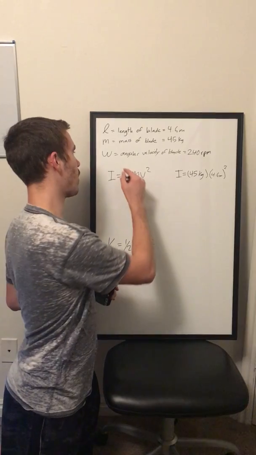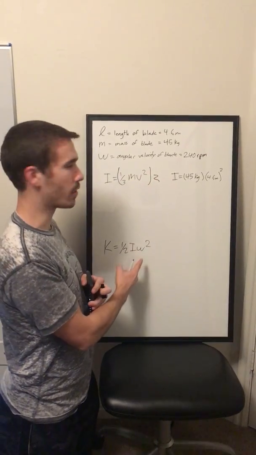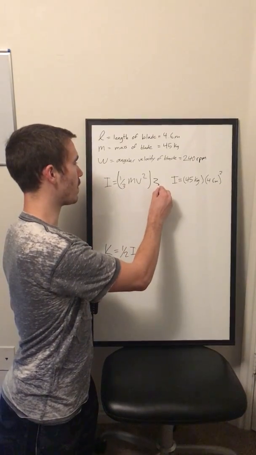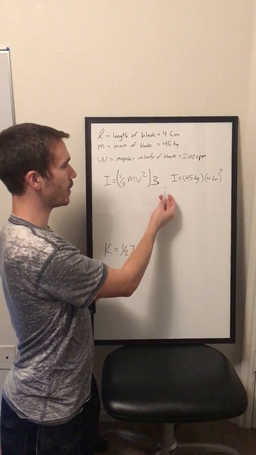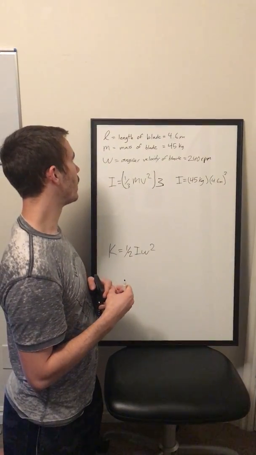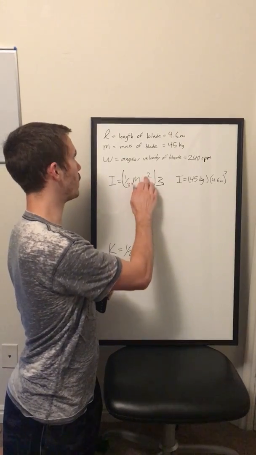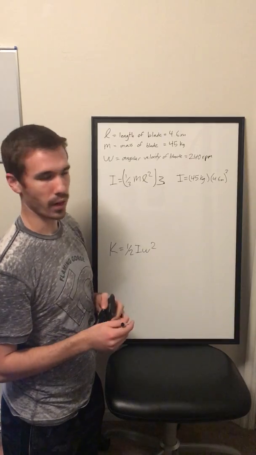So if we times all this by 3, it should give us the inertia that we need to plug into this final equation. And since we're timesing it by 3, we cancel out this 1/3 here, which means that we're just left with the mass times the length squared.